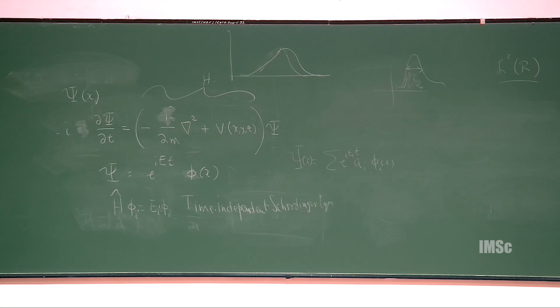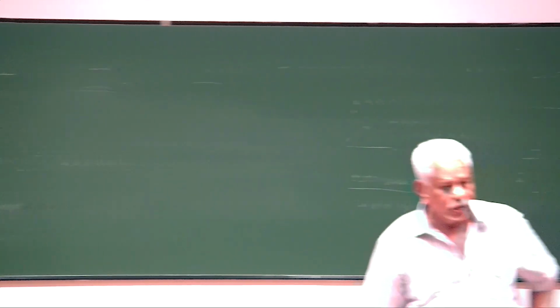So you will find an arbitrary function will evolve nicely obeying the Schrödinger equation, because the Schrödinger equation is a linear equation and there is no problem in that. You can always add solutions. The beauty of the Schrödinger equation is that it is a linear equation. You can always find a general solution by adding solutions of that equation. If it is a non-linear equation, you cannot do that.